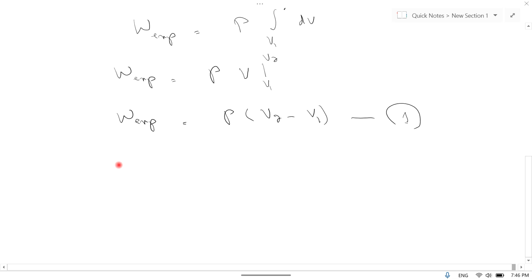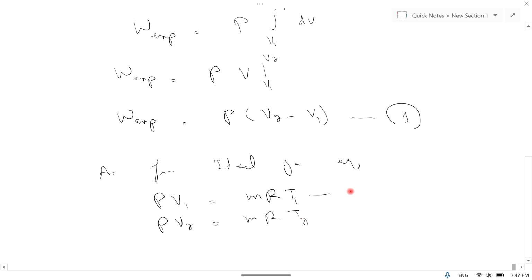Now, from the ideal gas equation, with pressure constant, PV1 is equal to mRT1 and PV2 is equal to mRT2. This is equation second and this is equation third.